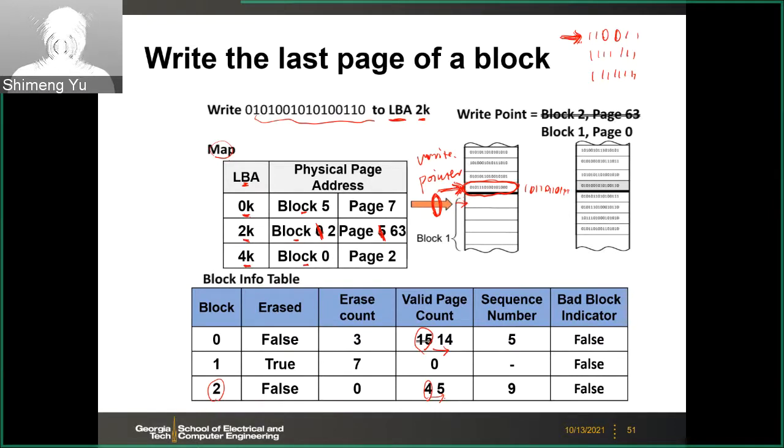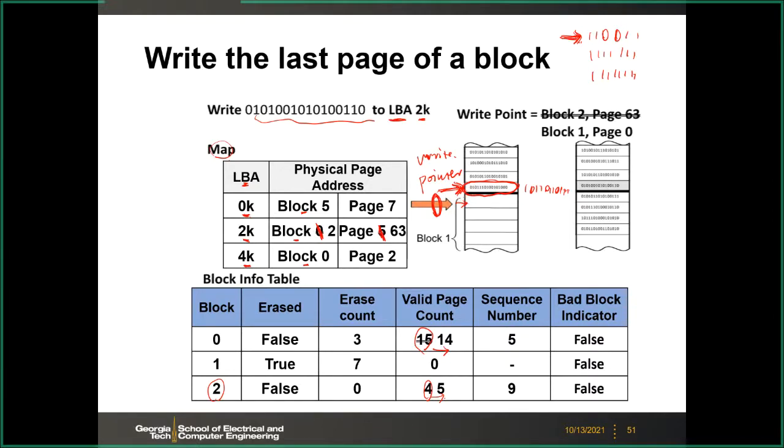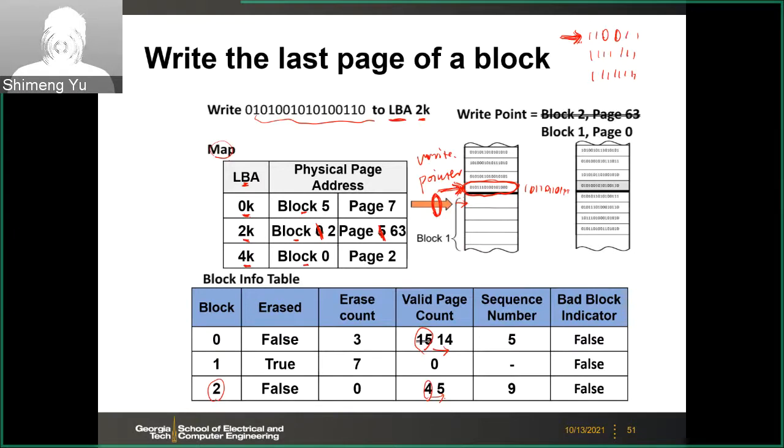Basically, the data in block 0 has no mapping, no corresponding logical space data. Therefore, the page in block 0 becomes invalid. So this is the example for writing to the last page of the block.